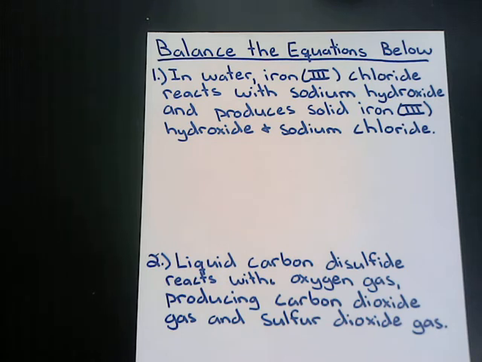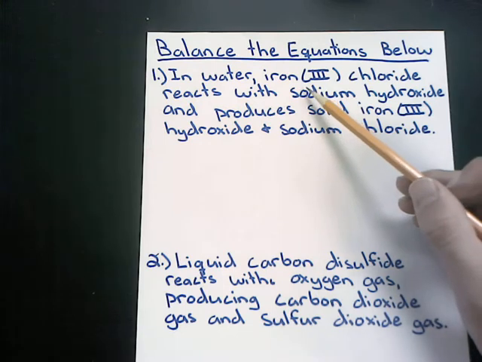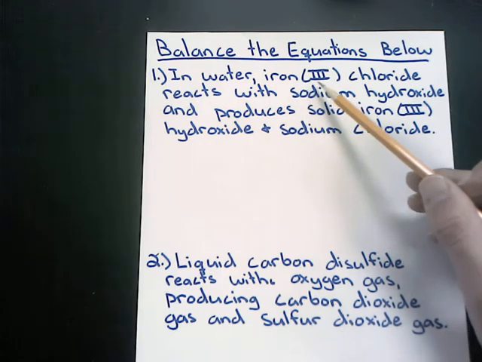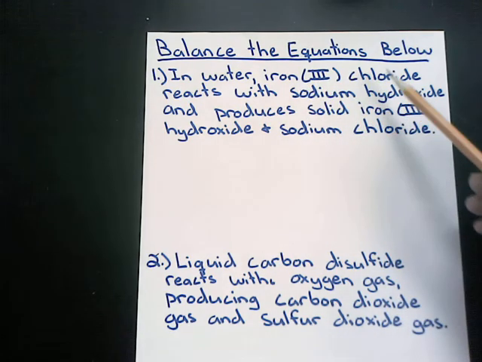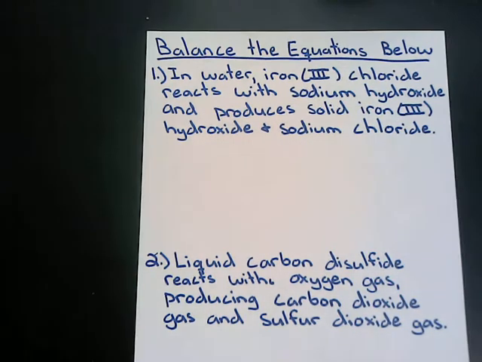The first thing we want to do is write our formulas for our reactants and products. We start with the first thing listed, iron(III) chloride. If you get your periodic table out, you will find that the symbol for iron is Fe.